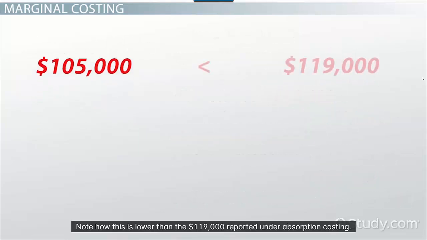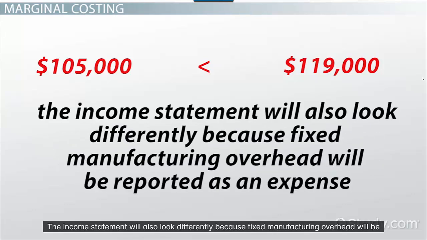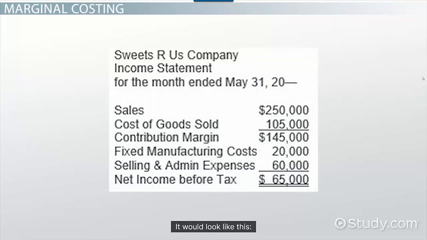Note how this is lower than the 119,000 reported under absorption costing. The difference is due to the inclusion of fixed manufacturing overhead in absorption costing. The income statement will also look different because fixed manufacturing overhead will be reported as an expense. It would look like this.